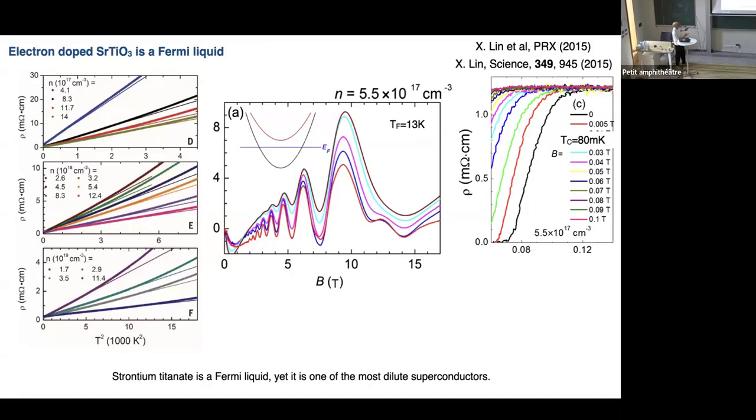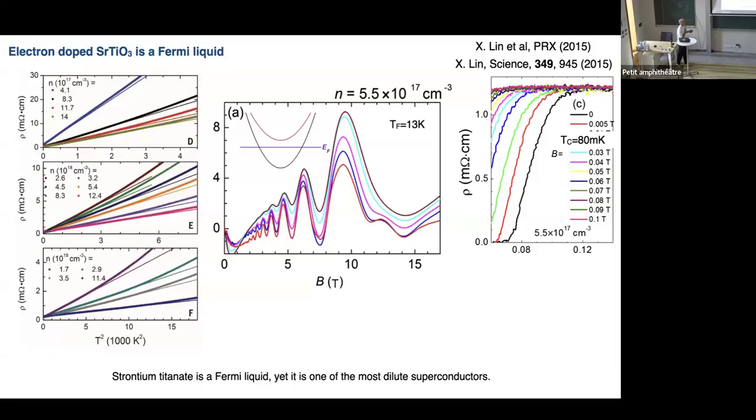It turned out that here the results are extremely nice because the Nernst effect is an extremely powerful quantity to study quantum oscillations at low temperature. And this allows us to determine quite precisely the Fermi energy. So in this system, we have a carrier density of 5.5 × 10^17, and the Fermi temperature is 13 Kelvin.